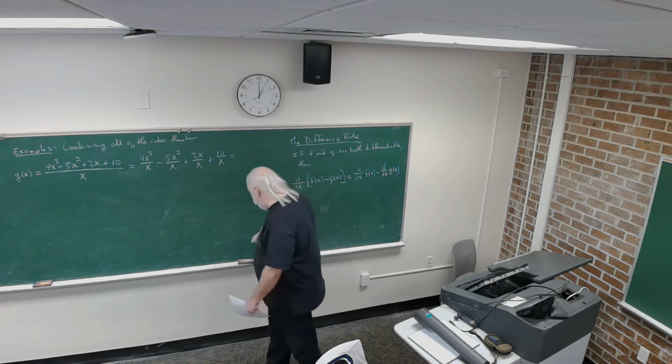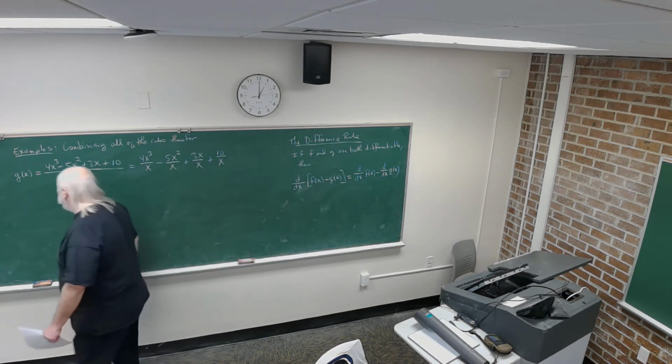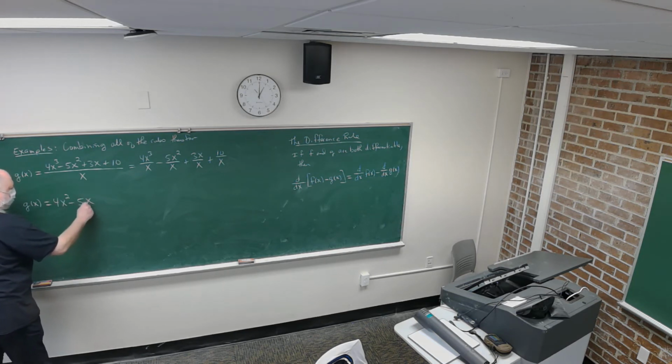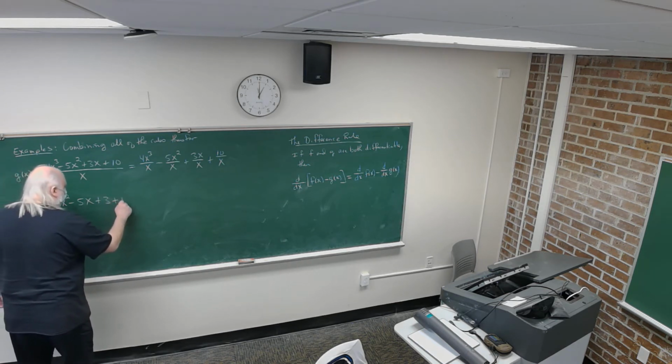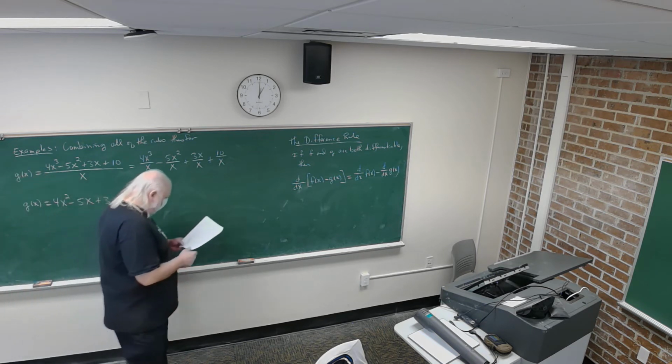So, g of x can be written as 4x squared minus 5x plus 3 plus 10 times x to the minus 1 power.